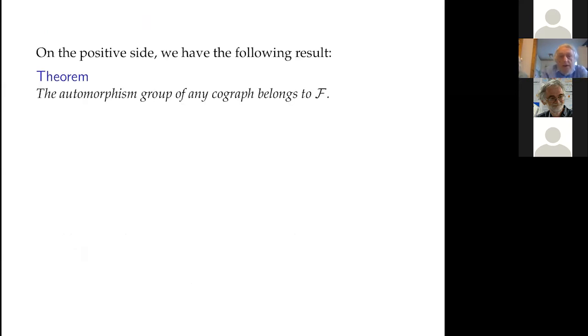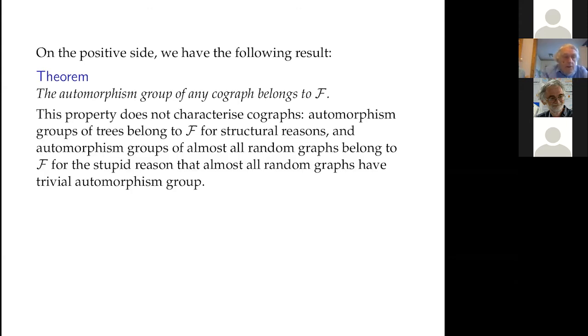But on the other hand, the automorphism group of any cograph belongs to F. This is an elementary fact to prove. You can prove it as an exercise. It's not a characteristic property of cographs because automorphism groups of trees all belong to F. Any tree has either a center or a bicenter, that is, there's a vertex or an edge fixed by the automorphisms, and then you just build out from that.